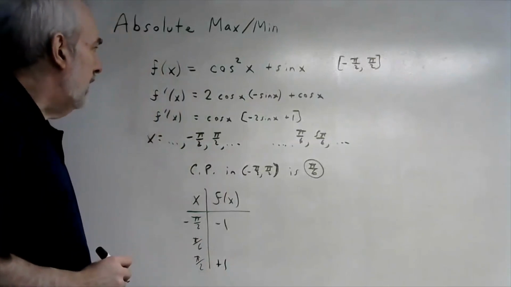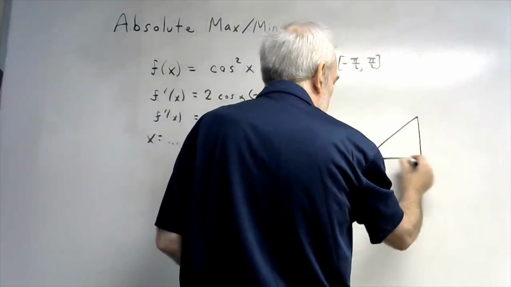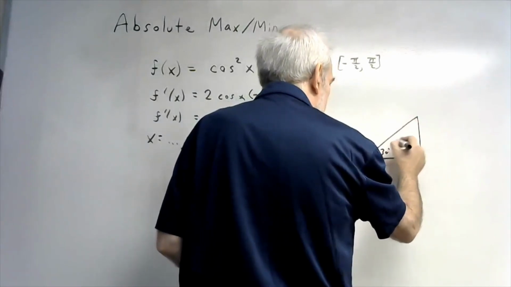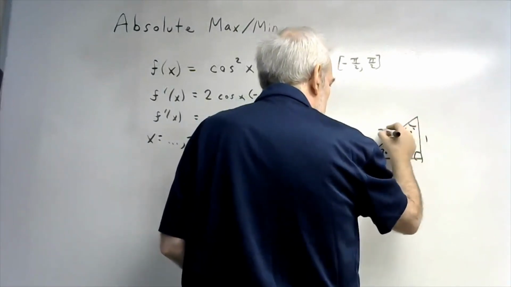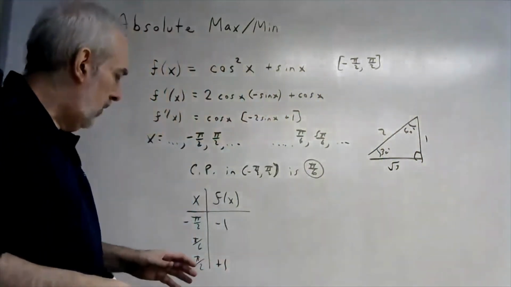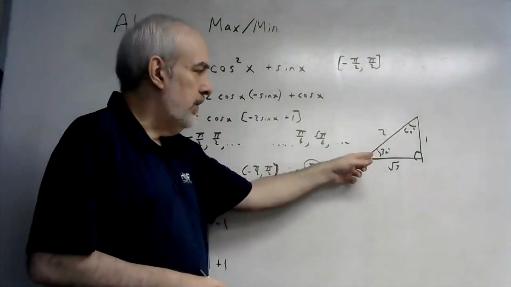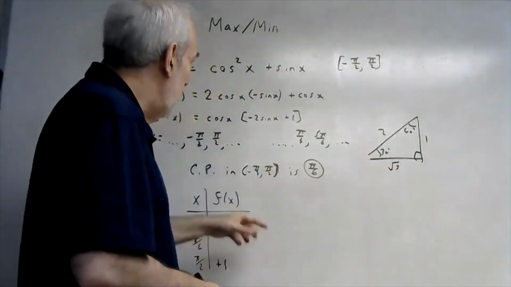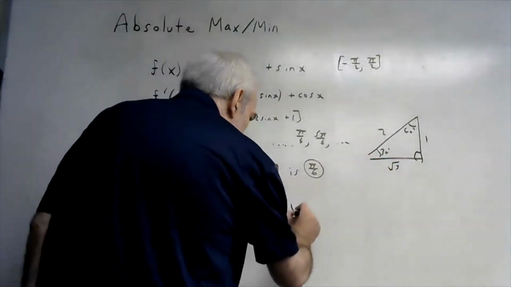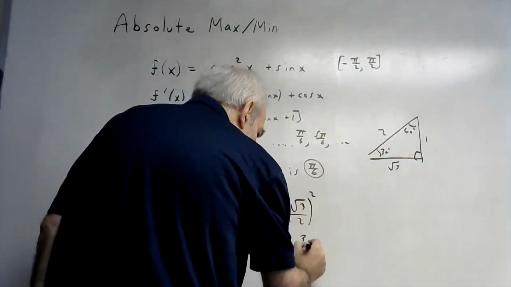Now for pi over 6. Let's write down that triangle that I erased, the 30, 60, 90-degree triangle. Okay. So when we plug in pi over 6, cosine of pi over 6, well, that's the same as cosine of 30 degrees, which is √3 over 2. And then the √3 over 2 winds up getting squared, which is going to give you 3/4.